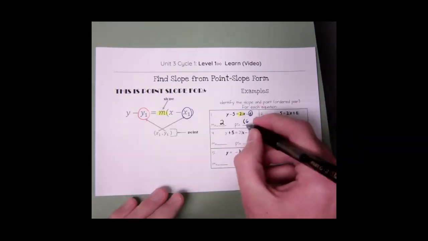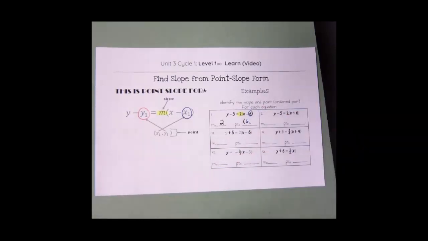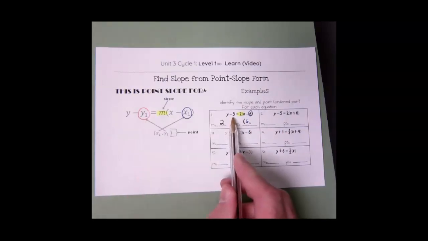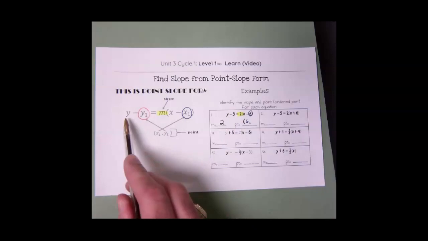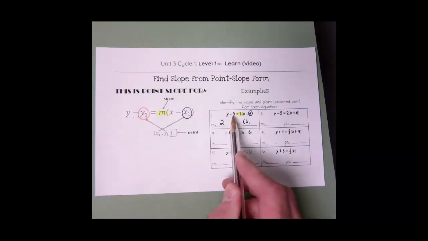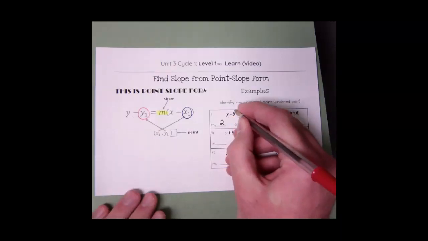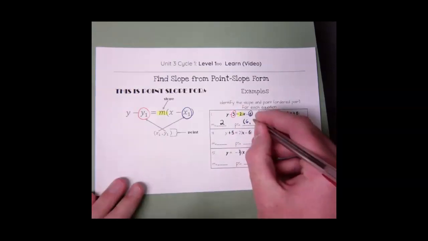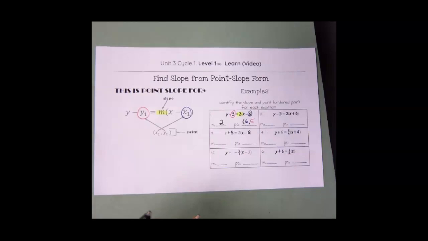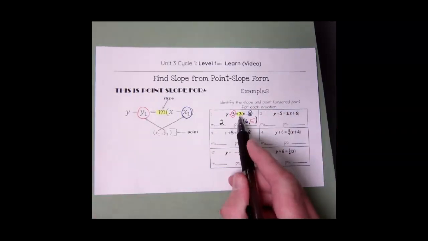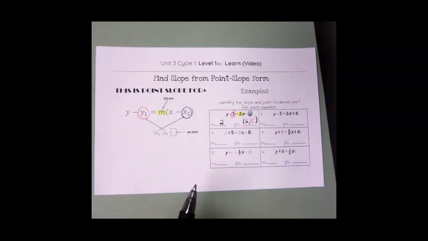That's my x value. My y value is what's on the left side of the equation. Y minus 5. So y minus y sub 1, y minus 5. So my y value is 5. Okay, so it would be 6 comma 5. And that is my point, 6, 5. So my slope is 2. My point is 6, 5.